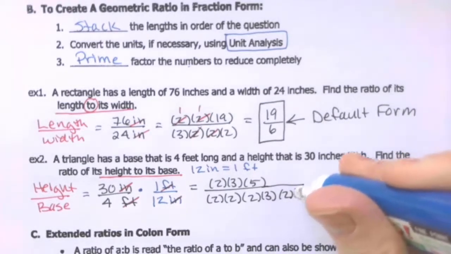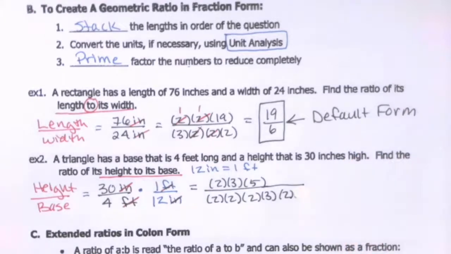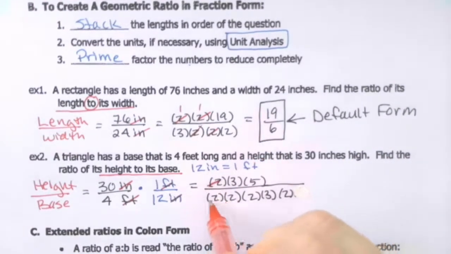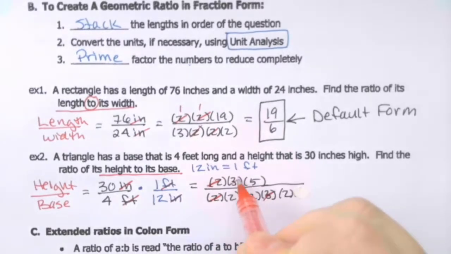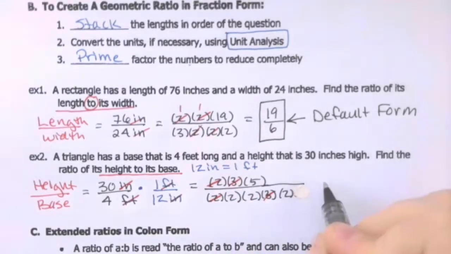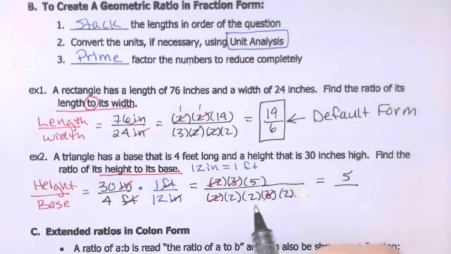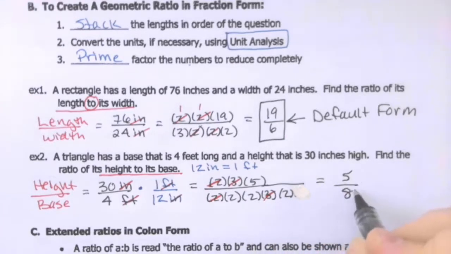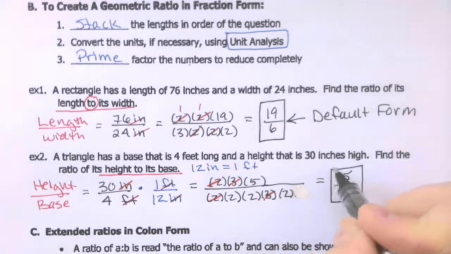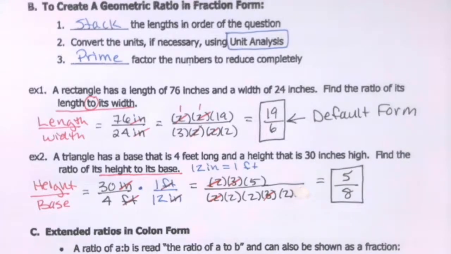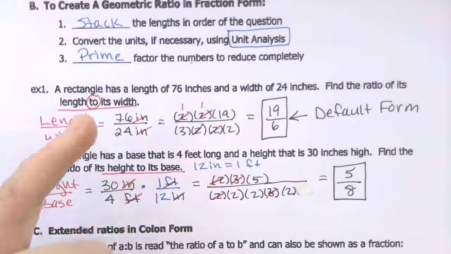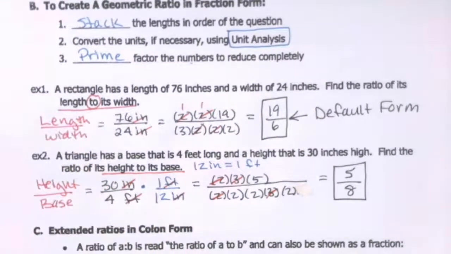So 3 times 2 times 2. There we go. All right, so I can divide a 2 out, I can divide a 3 out, and I'm left with a 5 on the top, 2, 2, 2 on the bottom, which is 8. 5 to 8 is the ratio. So sometimes you'll need a conversion fraction, sometimes you won't. It just depends on the units.